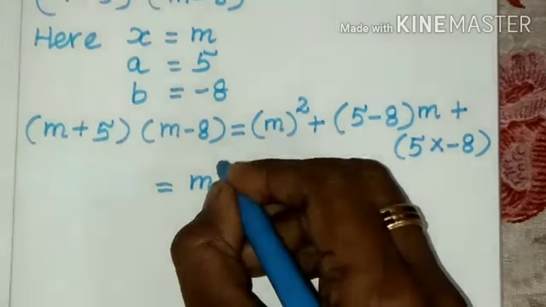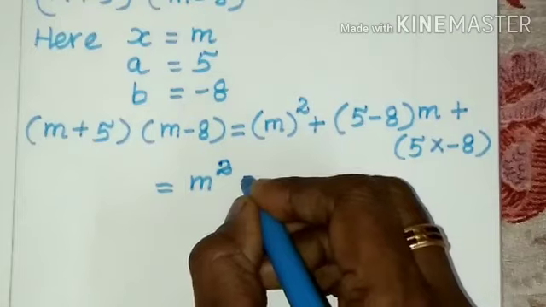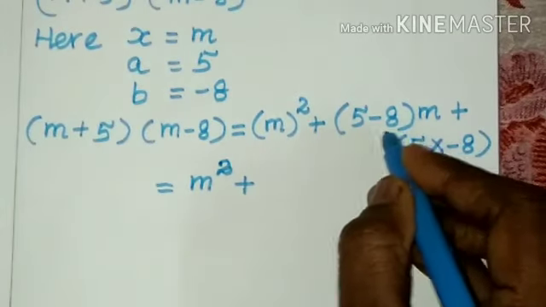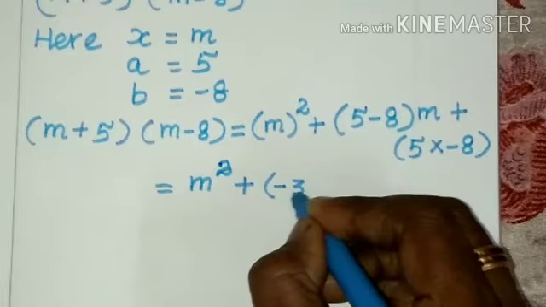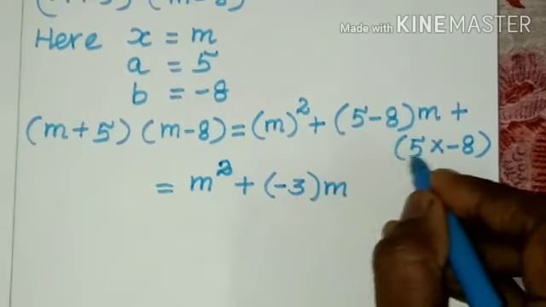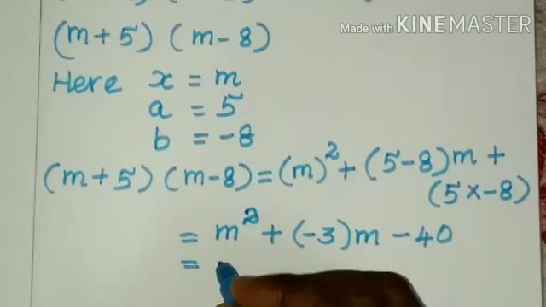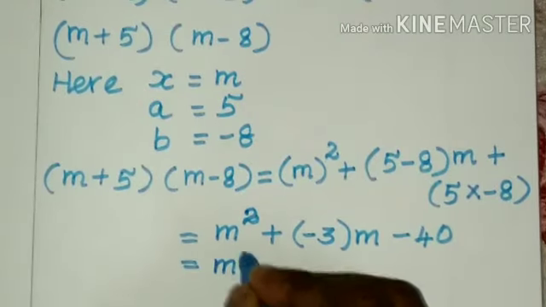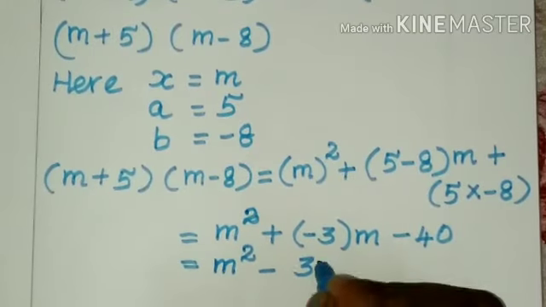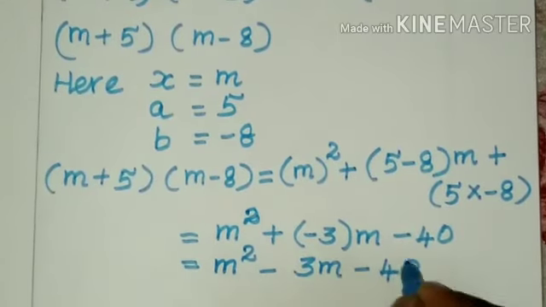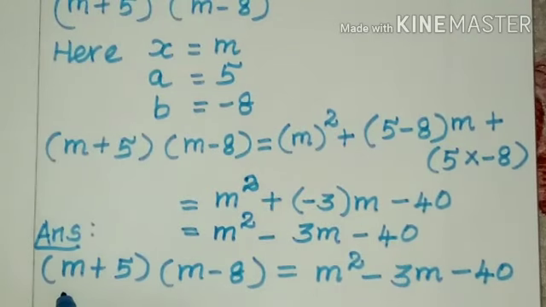Now we have to simplify this line. m square plus 5 minus 8, that is minus 3, into m, 5 into minus 8, minus 40, which is equal to m square minus 3m minus 40. So m plus 5 into m minus 8 is equal to m square minus 3m minus 40. This is the answer for this sum.